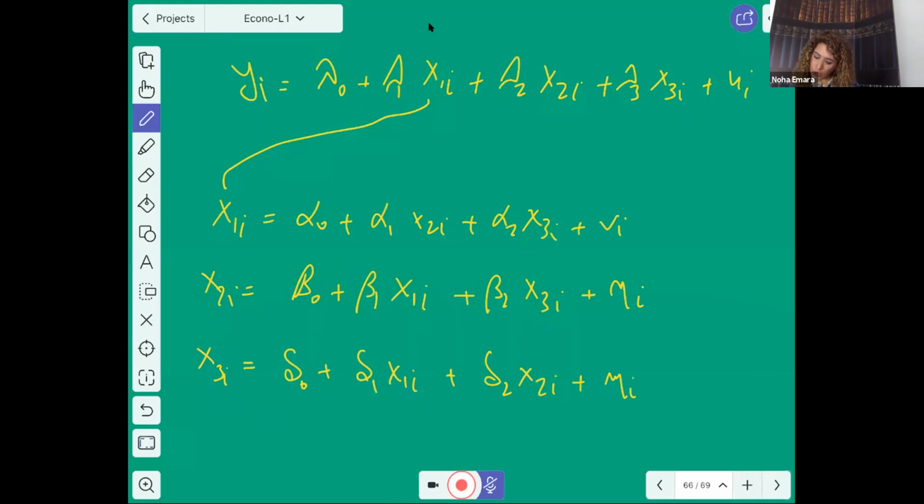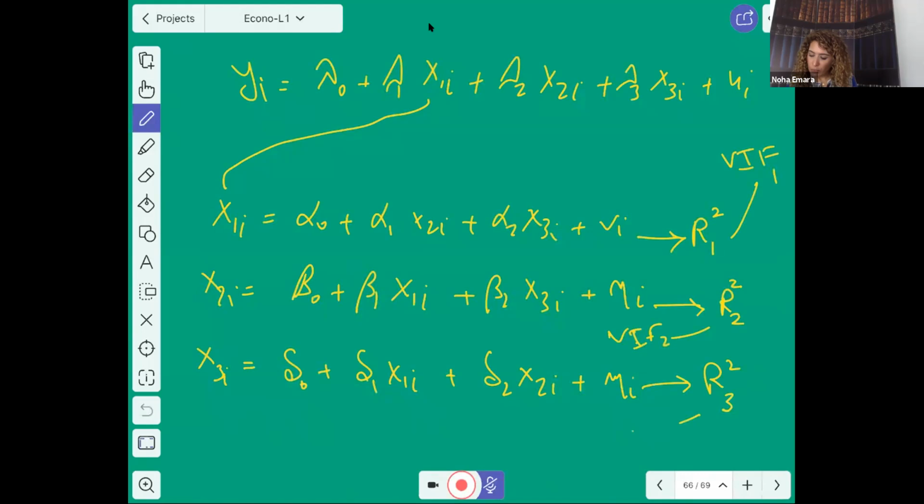For each regression, I'm going to have an r square. So this is r square of x1. This is r square of x2. This is r square of x3. And each one is going to have its own VIF, so I'm going to use the r square: VIF of 1, VIF of 2, VIF of 3.